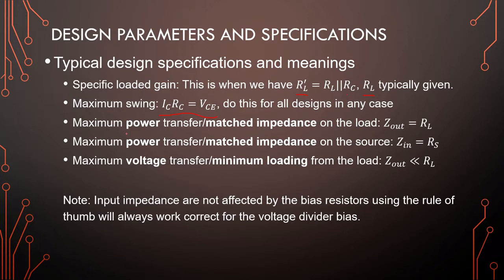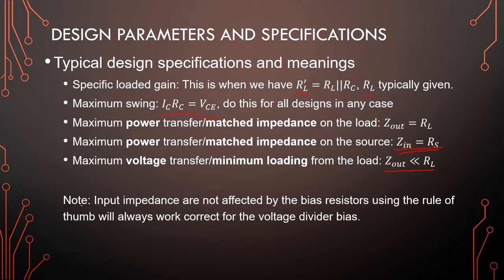Then you can design for matched impedance or power transfer to the load or to the source, and it will be more common for Z in and RS for the common base. It happens from time to time that you do it with the load as well. And the rarely used one is that Z out should be much smaller than the load for maximum voltage transfer.